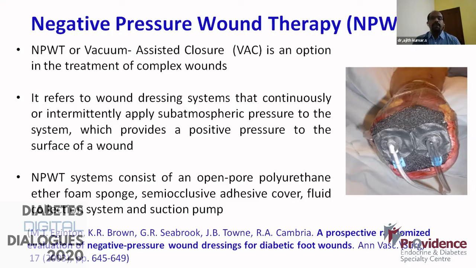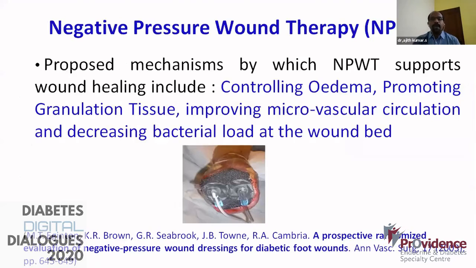It's an option for treatment of complex wounds, especially non-healing amputation stumps. It consists of a polyurethane sponge foam. You can see from the diagram itself, it has an adhesive cover, fluid collection system, and a suction pump. It creates a subatmospheric pressure in the system, and this subatmospheric pressure will help in controlling the edema, thereby promoting the microvascular circulation that is very important for the healing of the wounds, and it promotes granulation tissue formation also.